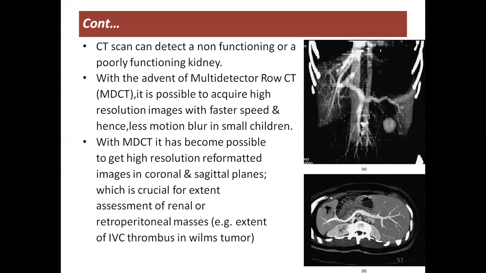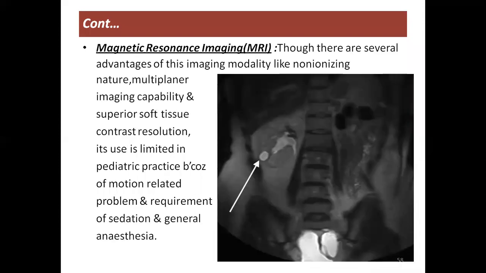It's difficult to hold their movements, and we get a lot of blurred pictures, but with the advent of high resolution CT, we can get stable pictures. Then we have MRI. Though there are several advantages of this imaging modality, such as non-ionizing, multiplanar imaging capability, and superior soft tissue contrast resolution, its use is limited in pediatric practice because of motion-related problems and it requires sedation and general anesthesia.